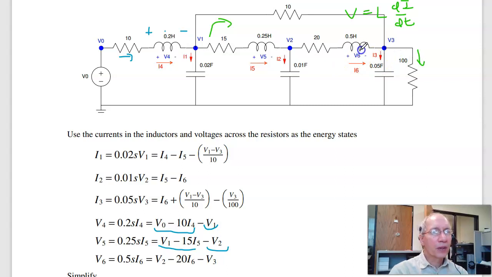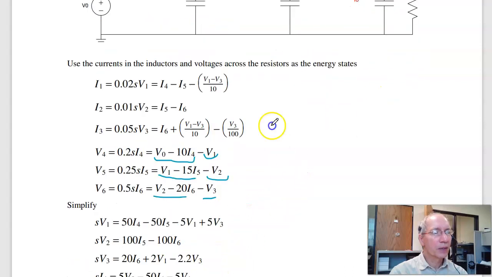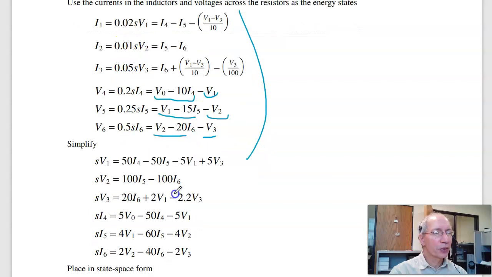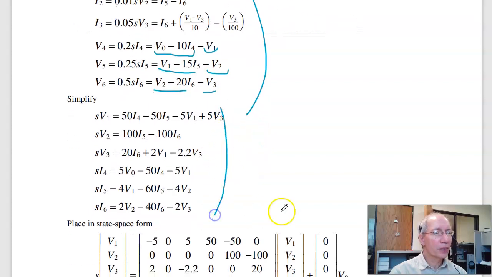Inductor 3, voltage on the left is V2 minus 20I6 minus V3. So those are my dynamics. If I solve for the derivatives, divide by these numbers, group the terms, I get 6 equations. Those are the dynamics for the system.